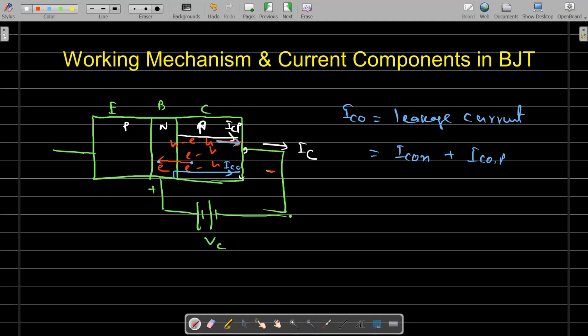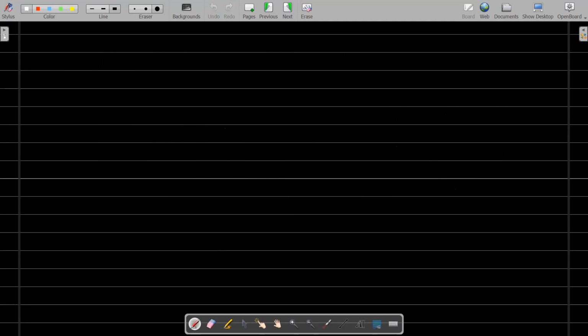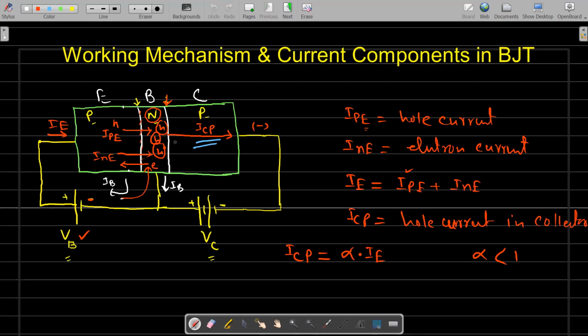If I apply KCL at this point, the collector current will be the summation of ICP and ICO. Basically the second part is the leakage current component, and the first part is the current due to the holes which are finally collected in the collector terminal after recombination.